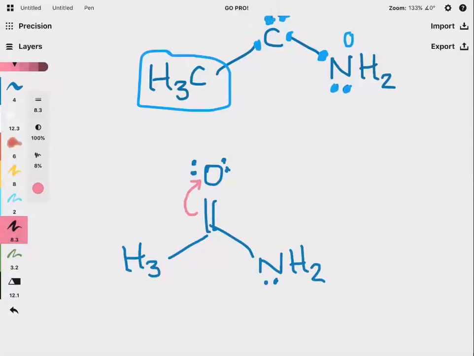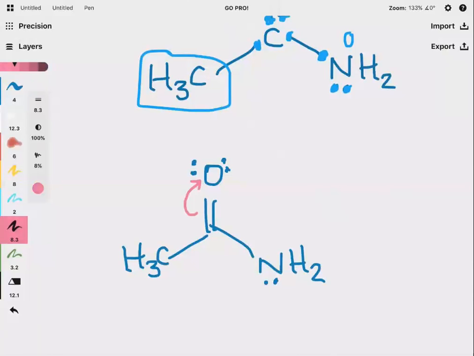And remember, we talked about electronegativity. The further up and to the right you go on the periodic table, the more electronegative you are. Well, oxygen is pretty far up there. So it has no problems stealing somebody else's electrons. It actually kind of wants to be negative.